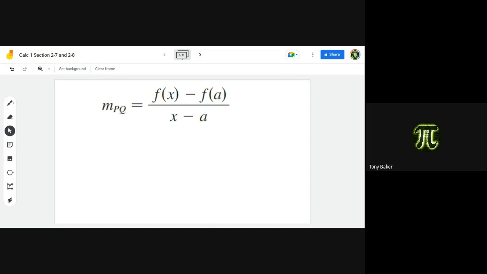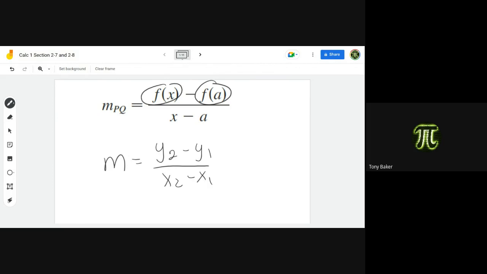If you remember from algebra class, your slope equation was m equals y2 minus y1 over x2 minus x1. Remember, f of x is just y. So that's y2, that's y1. It's no different than what your original slope equation was way back in algebra class.